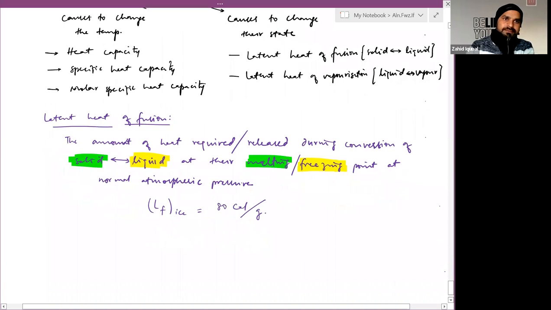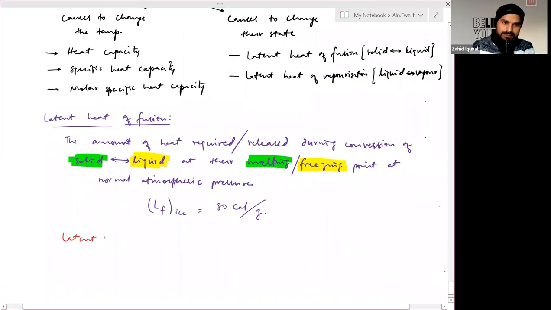Last one is latent heat of vaporization.